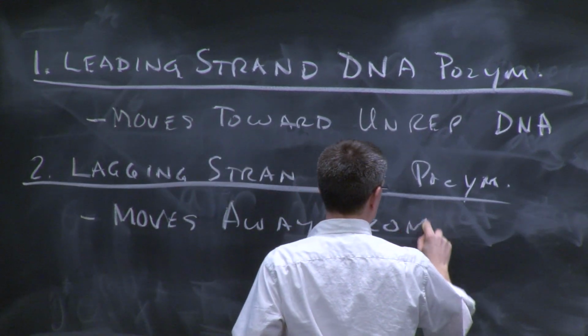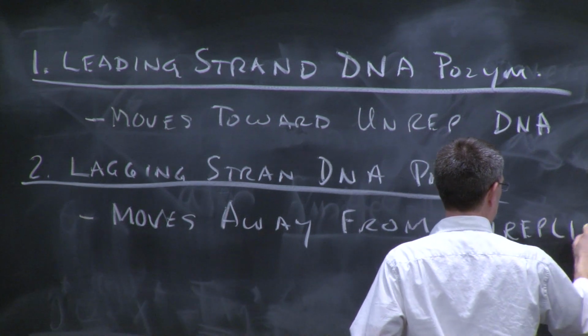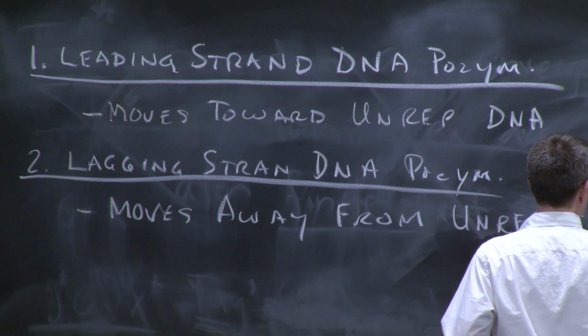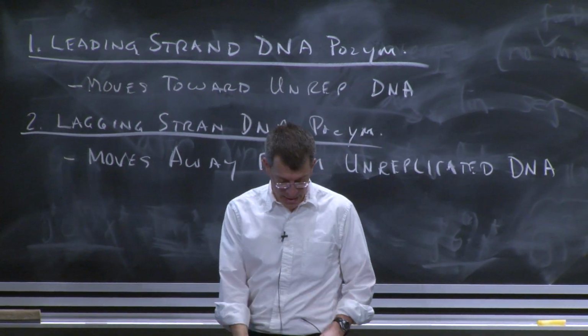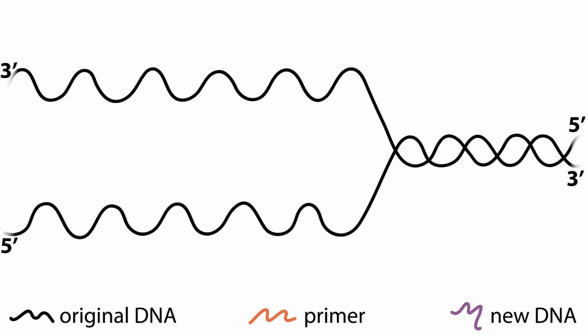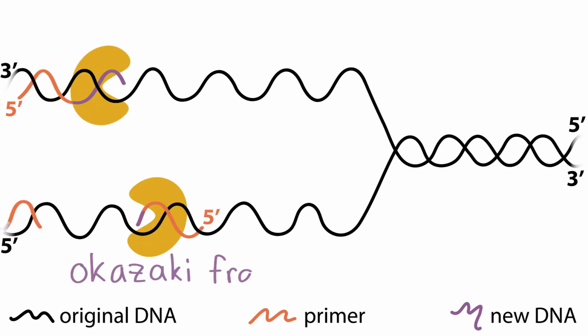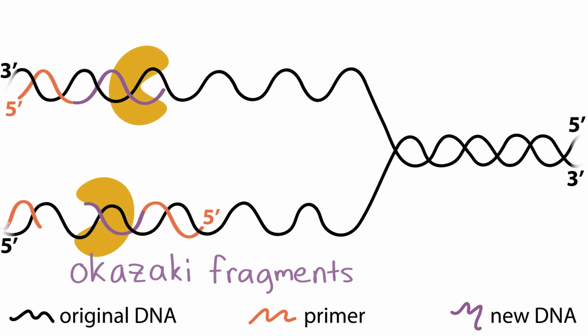So this creates our first problem, which is that in order for the lagging strand to be synthesized, you have to do it piecemeal. That is, if you're going to have this polymerase moving continuously, this one's going to have to make little chunks, which are referred to as Okazaki fragments or lagging strand DNA fragments, a little bit at a time.